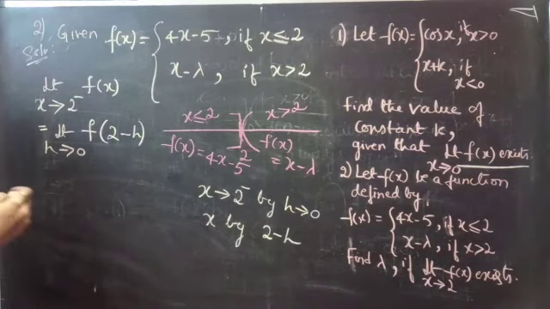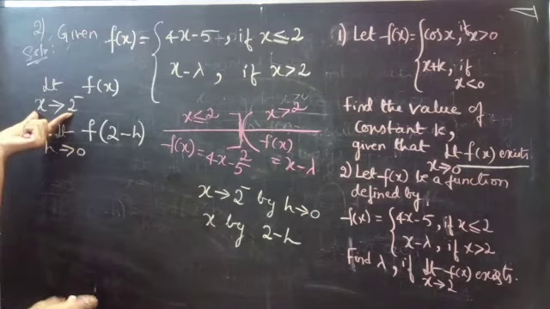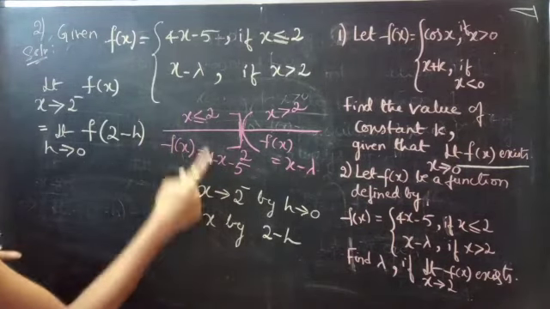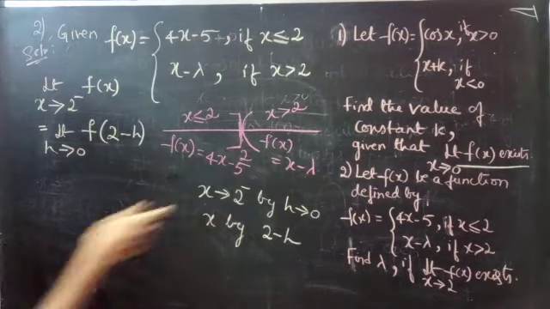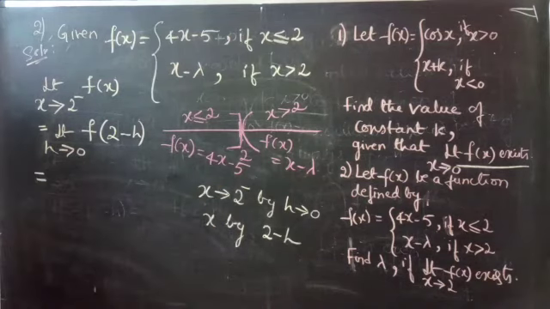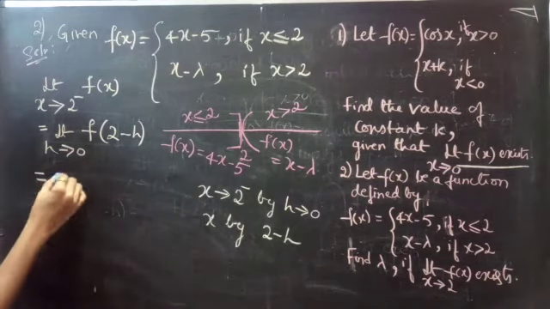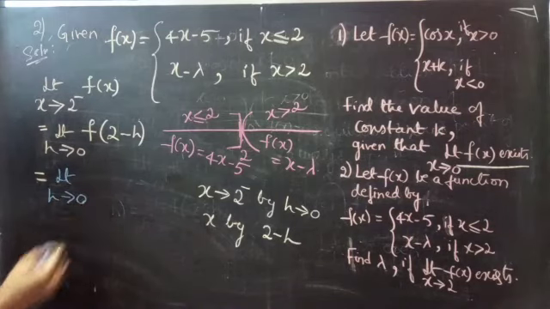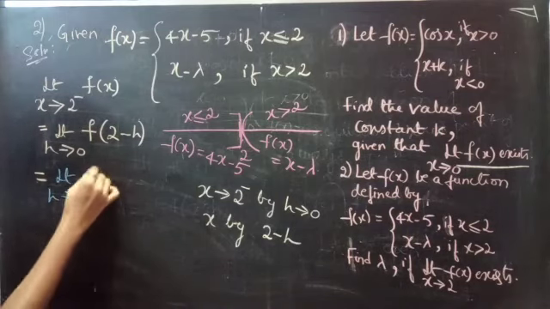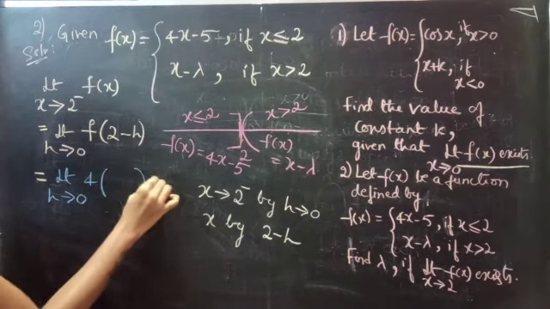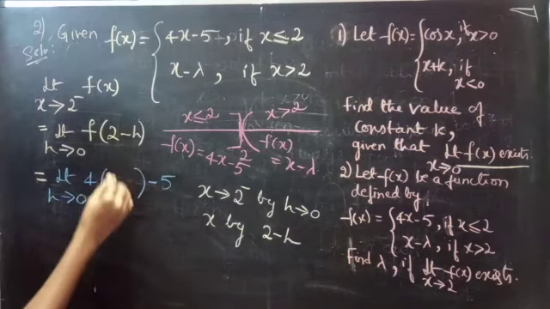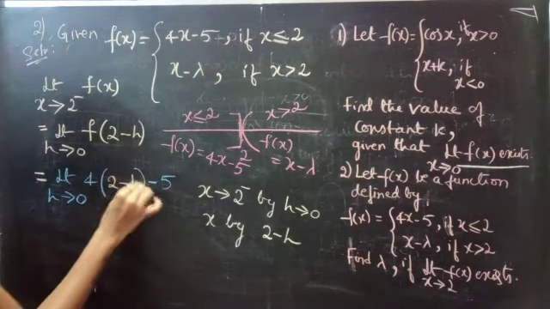When x is less than 2, we have the function 4x minus 5. So this equals limit h tends to 0, 4 into x minus 5. In the place of x, you have to replace 2 minus h.